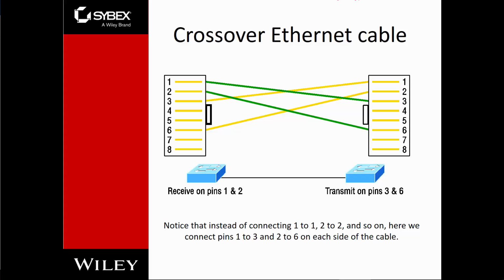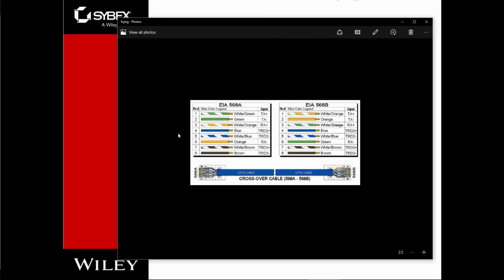So let's look at this in terms of color. If we are doing a crossover, essentially it's 568A on one side, 568B on the other. You're going to notice that 1 and 2 will actually map to 3 and 6 on this side, and 3 and 6 will map to 1 and 2 on this side. That's what it means by a crossover.